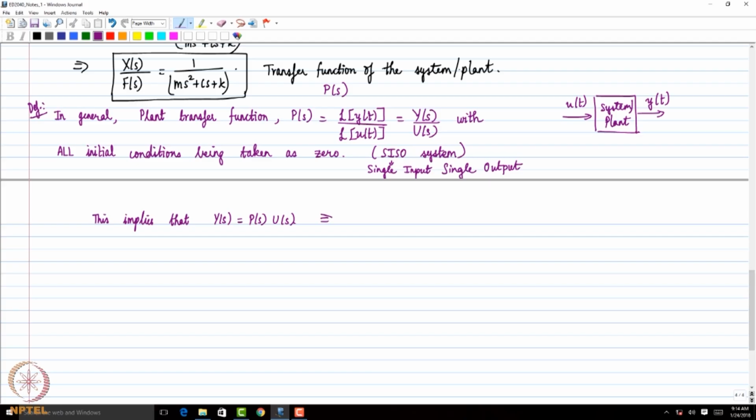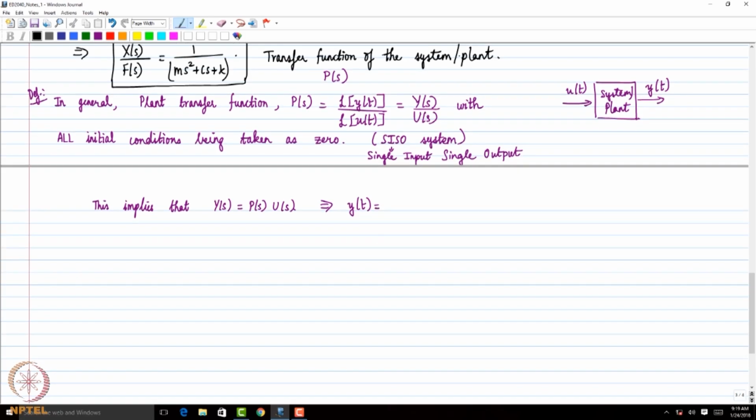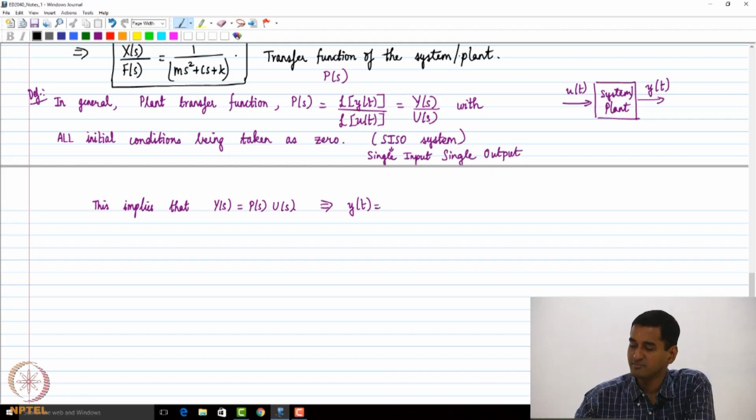And this implies that if we take the inverse Laplace transform, what will y of t be? We have y of s equal to P of s times U of s, if we take P of s to be the plant transfer function. So by using the inverse Laplace transform, we have y of t equal to the integral from 0 to t of p of t minus tau, u of tau, d tau.